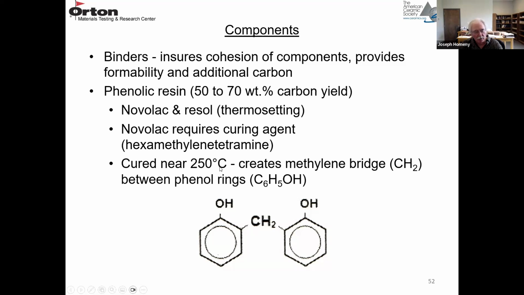They have to be cured at about 250 degrees C. And this is what results. You have a methylene bridge, a CH2, bridging these phenol rings, which are C6H5OH. So these carbon rings are bridged by methylene. So there's a high carbon yield when these are pyrolyzed.